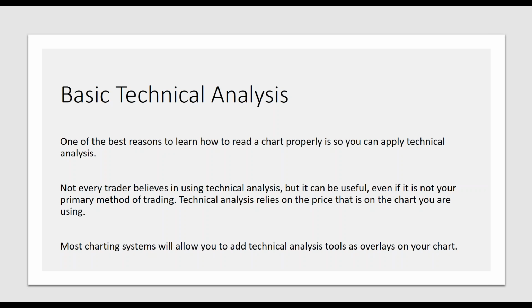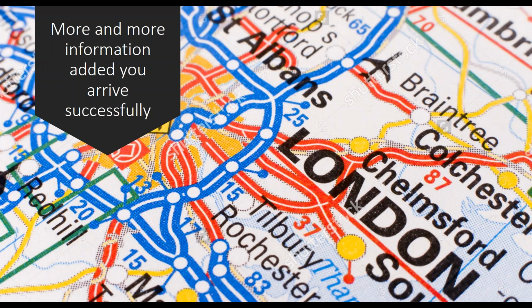Technical analysis relies on the price that is on the chart you are using. Now, many charting systems will allow you to add all those technical analysis tools that we were looking at, because the more information you add, the more likely you're going to arrive successfully, because a chart is very much like a roadmap.